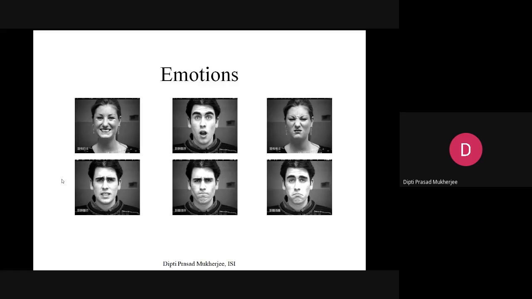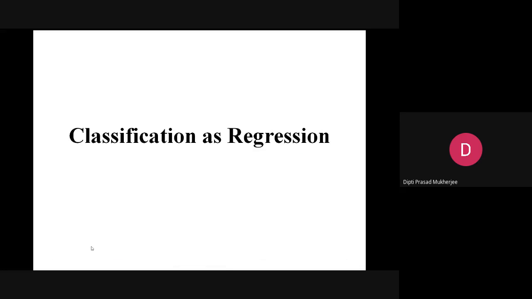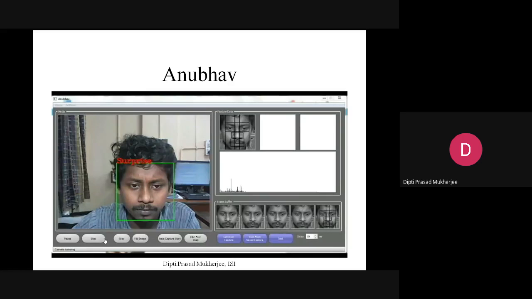Sorry, the video is probably not working, but we have developed this Anubhav app where we could find out emotions in real time, for example of our student Bikash, as he makes different emotions.